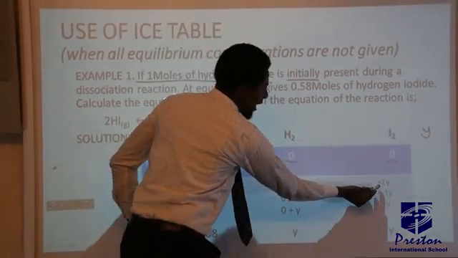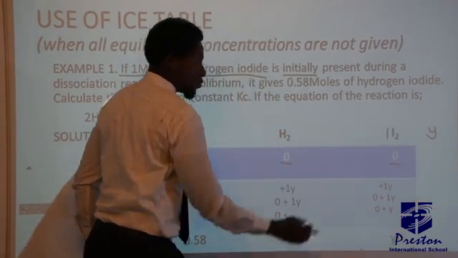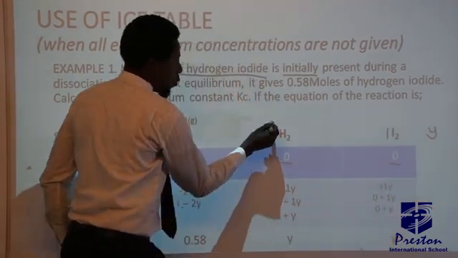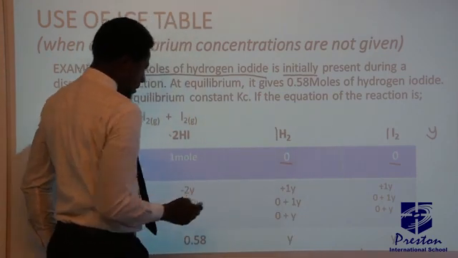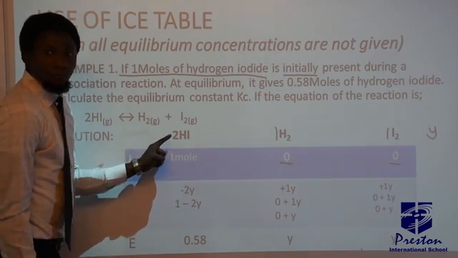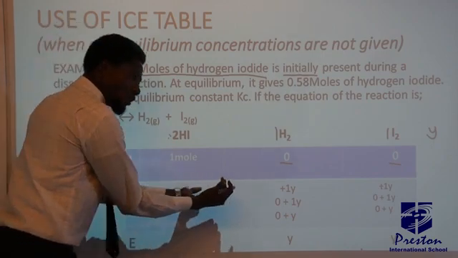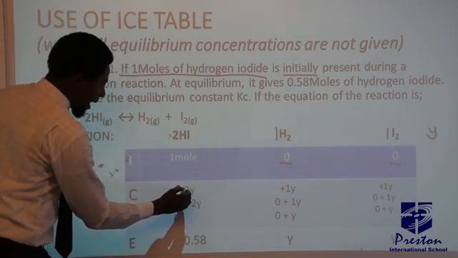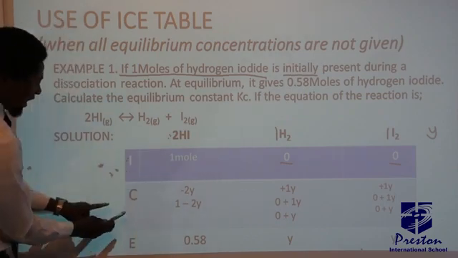This is 1y because 1 is the number of mole of this I2. 1 is the number of mole of this H2, that is plus 1y as well. But in this case, 2 is the number of mole here. That is minus, don't forget we said the concentration of the reactant will be decreasing. That is minus 2y.